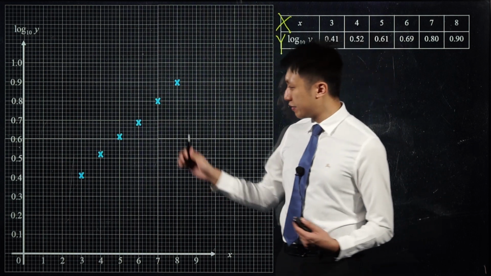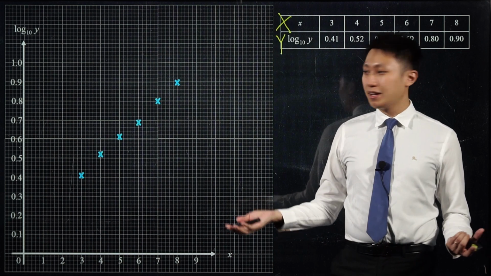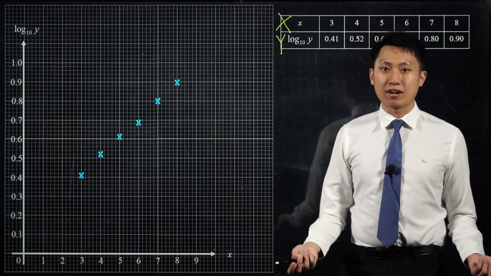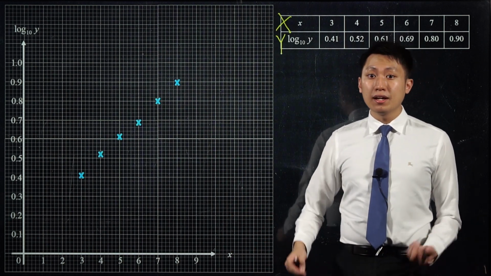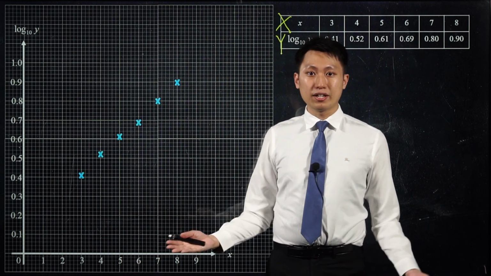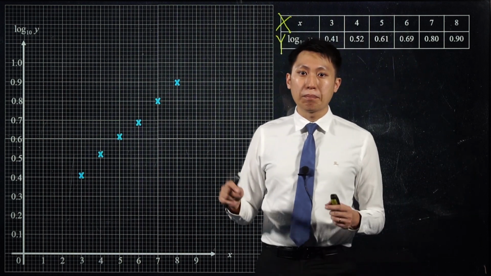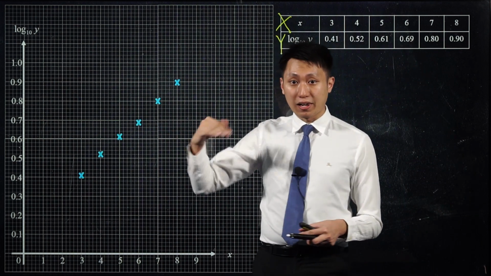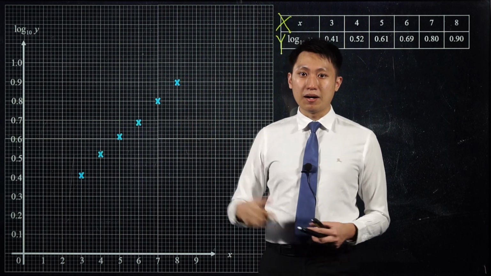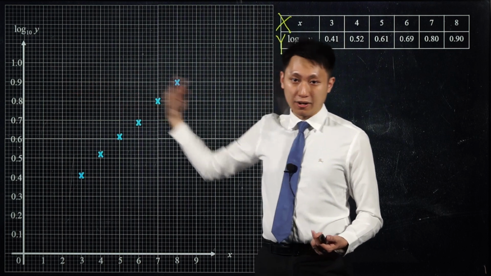Now after you plot all these points, the main thing comes here. It's a bit of discretion here because you are going to draw the line of best fit. Then you kind of need to join them. Join as many points as possible, and also make sure the points that are not on the line itself are distributed evenly on both sides, on that side and also on this side.